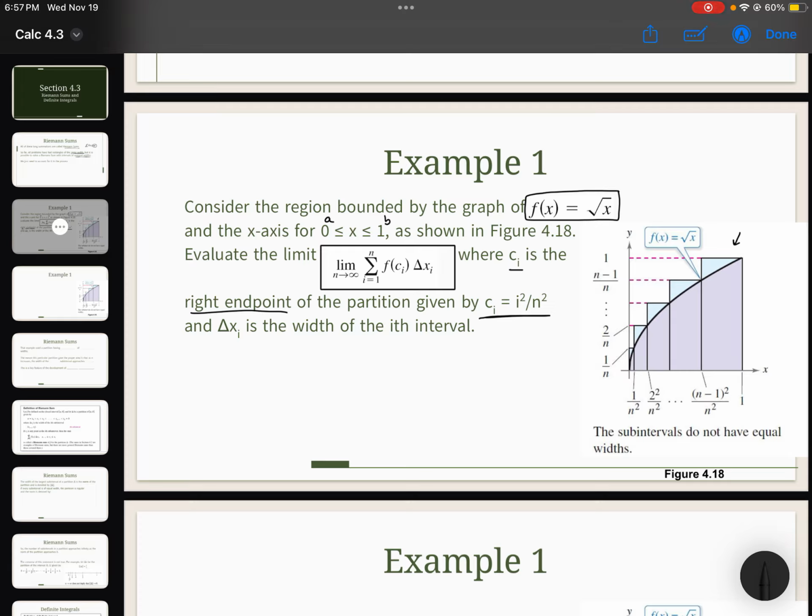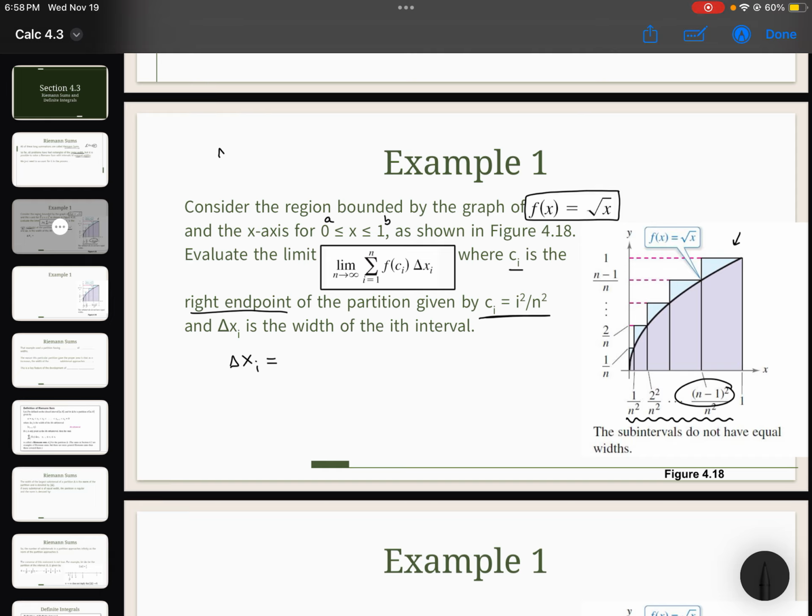But as you guys can see over here, all of our endpoints look a little bit different. You can kind of see how I have a 1 up top and then a 2 squared and then a bunch of dots and then this n minus 1 squared. So to create our definition for our width, and we're going to use this little i here because now i is going to be changing, I am going to have to plug i into my width.